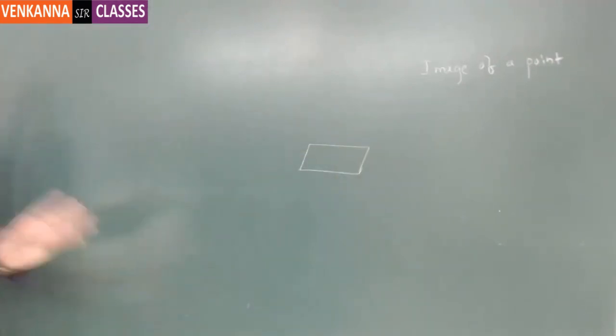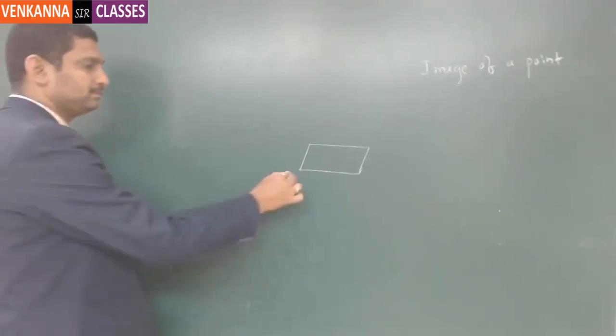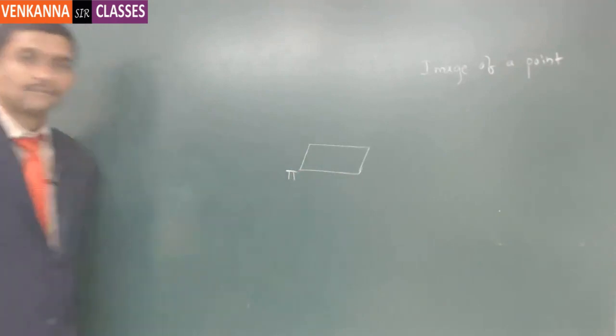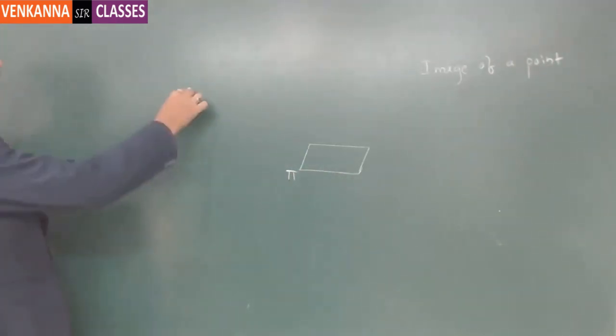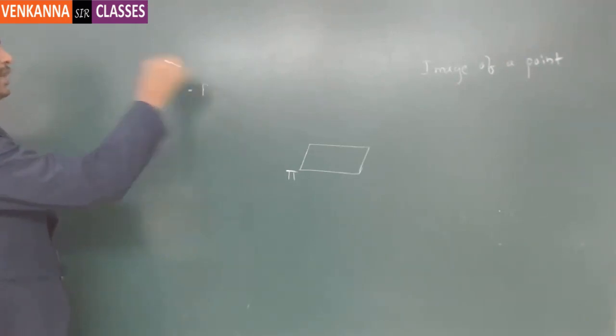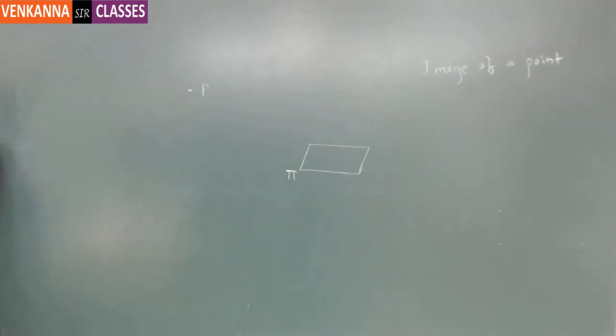suppose you take a plane. I am indicating the symbol with pi. Pi is a plane. Now I have taken a point P. I wish to know what is the image of this point with respect to the plane pi.